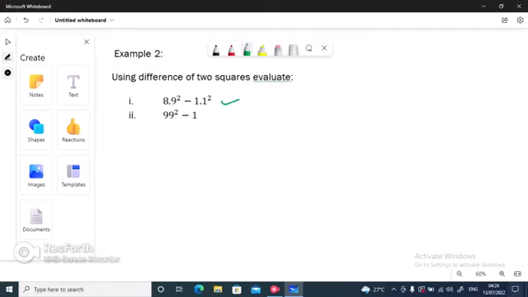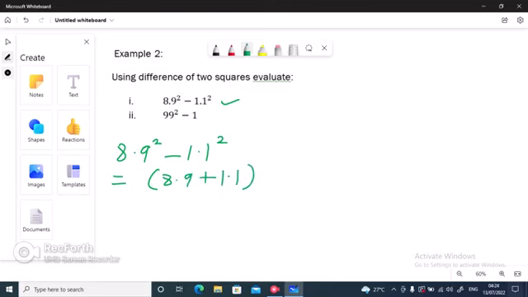Okay, so let's start with number 1. We have 8.9 square minus 1.1 square.